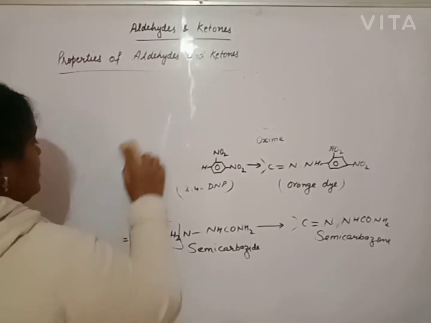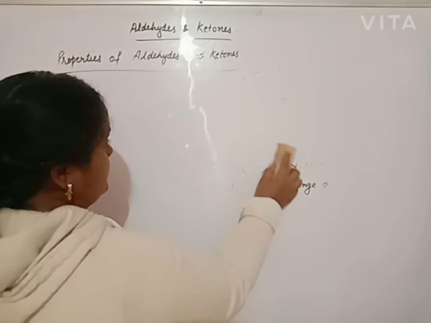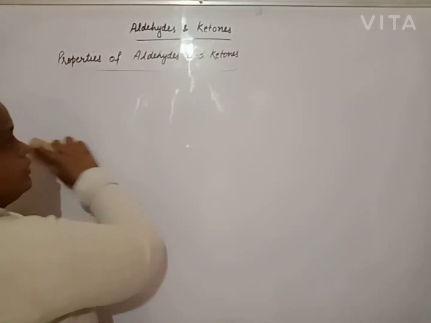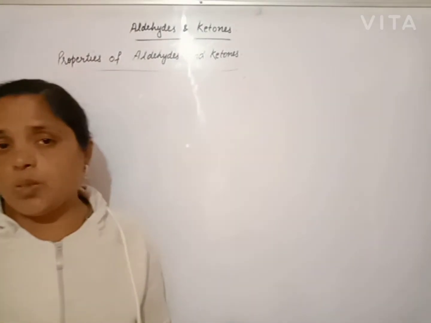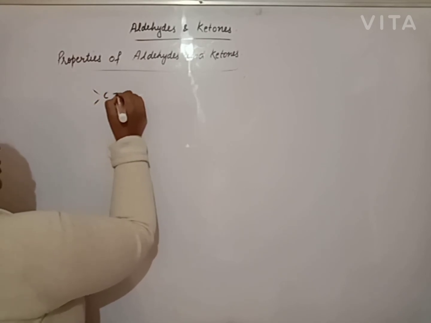Now, another one is the oxidation reaction. This oxidation reaction is basically used to distinguish aldehyde from ketone. How will you distinguish aldehyde from ketone? One test you have learned a number of times is oxidation with a strong oxidizing agent, either aldehyde or ketone.